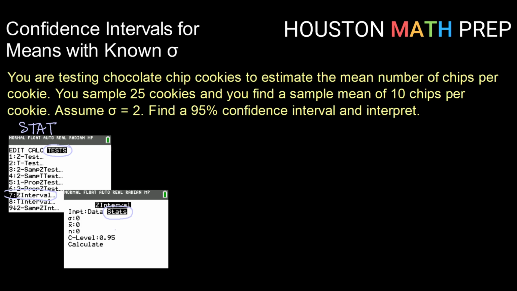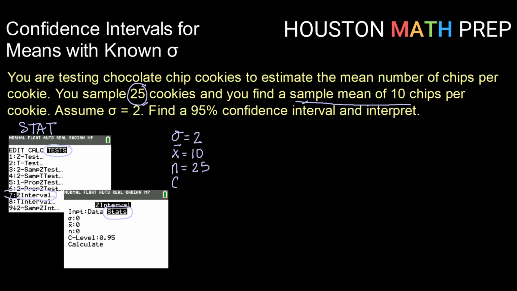So let's gather that information for this problem and see what we get. In order, our sigma is 2, reading that from the problem. Our x bar, that's our point estimate, is our sample mean of 10. N is the number in our sample, so in this case that would be 25.